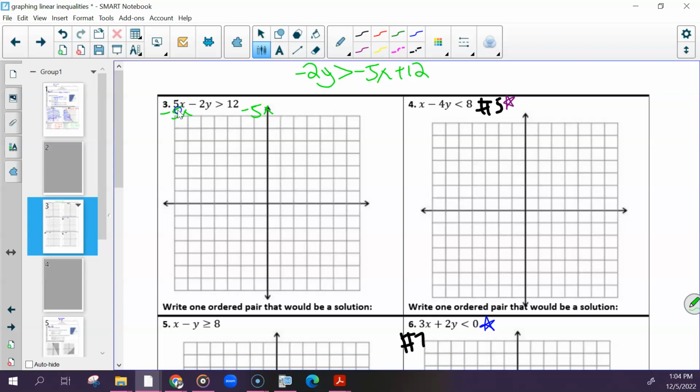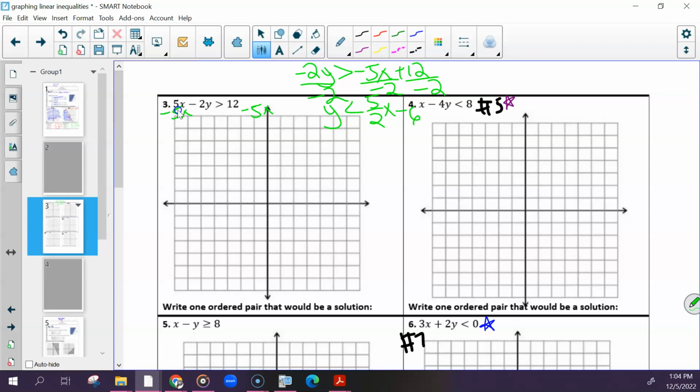And then to get y by itself, we would do what? Divide everything by -2. The sign would also change. So y is now less than a positive 5 over 2x minus 6.